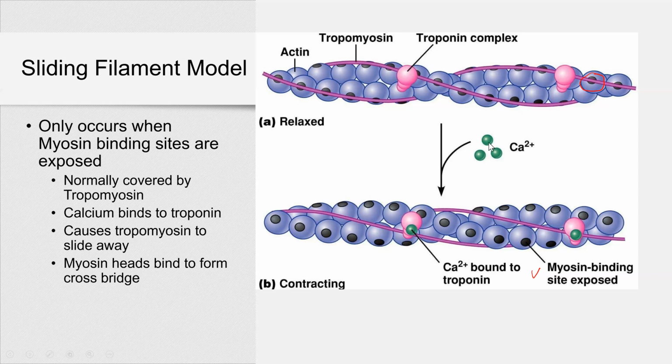Now, when we have calcium, calcium attaches to another molecule called troponin. And when calcium attaches to this troponin molecule, it causes a conformational change and tropomyosin shifts away from the binding sites. And now we have binding sites exposed. That's why we need calcium.